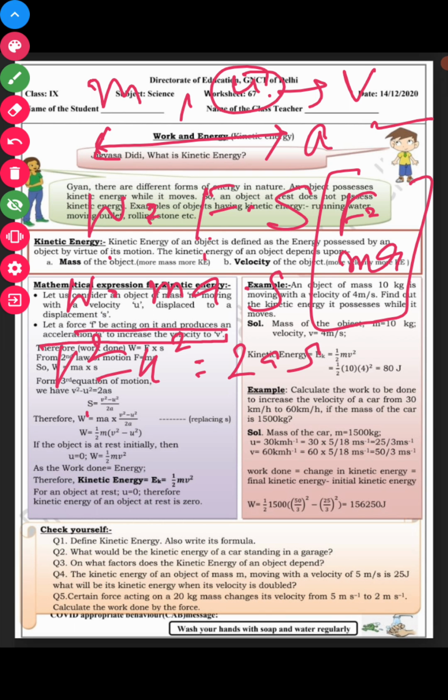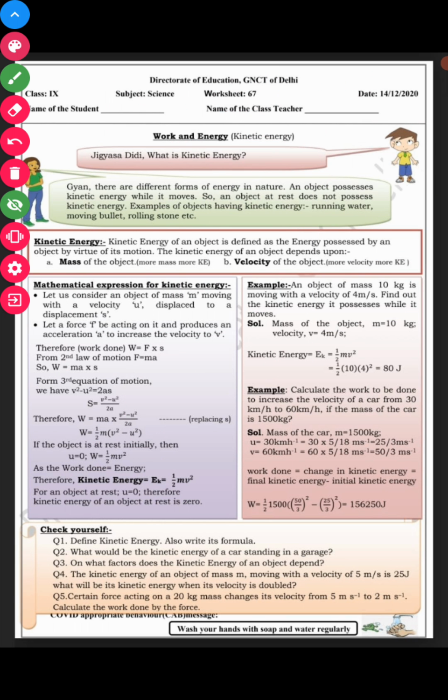Then s equals v square minus u square divided by 2a, right? Now we have W equal to m a into (v square minus u square) divided by 2a.